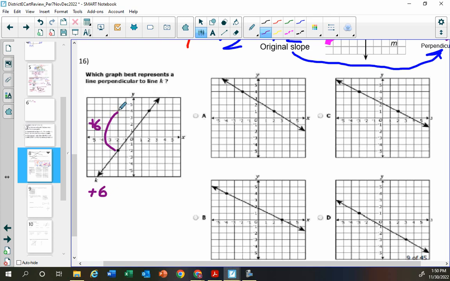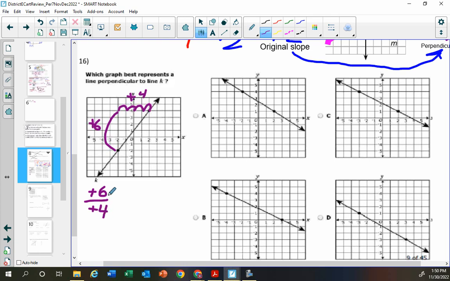And then how far to the right did we go? Let's count. 1, 2, 3. We went to the right 4. So this is your original slope.